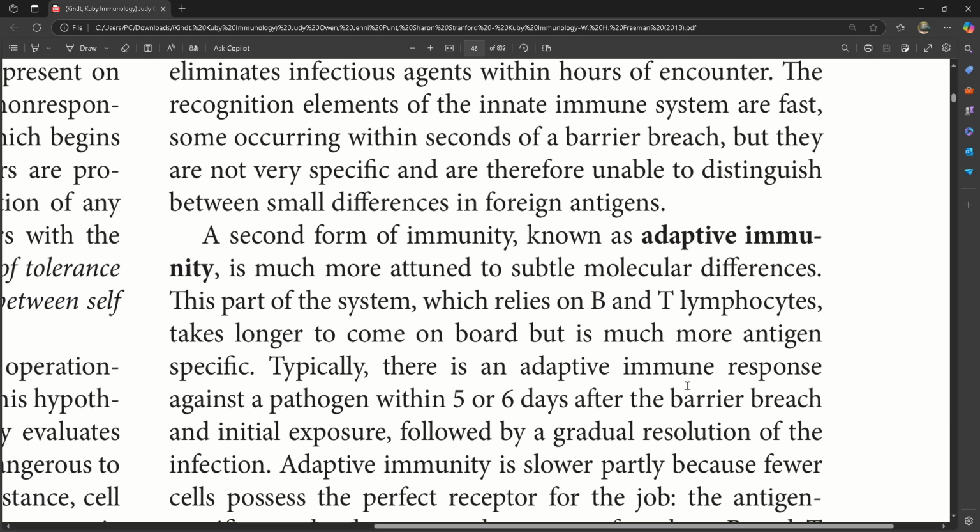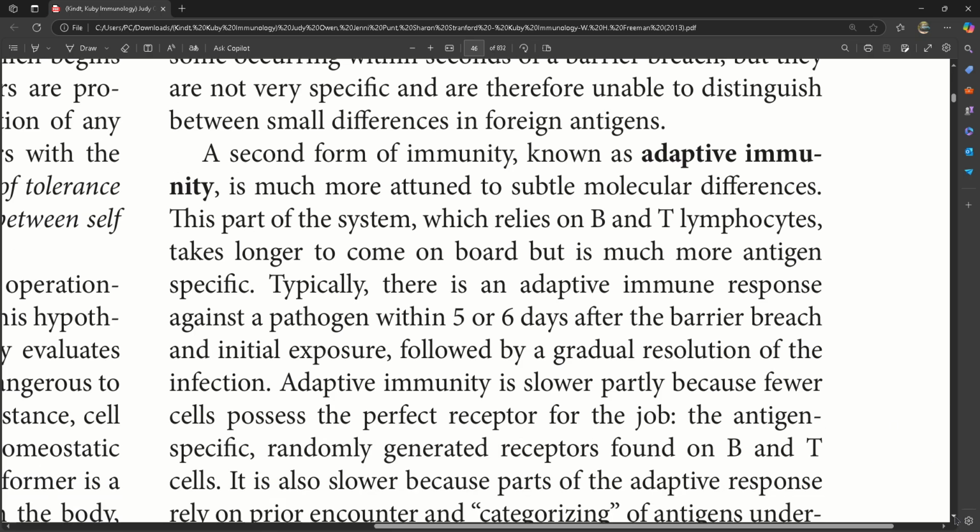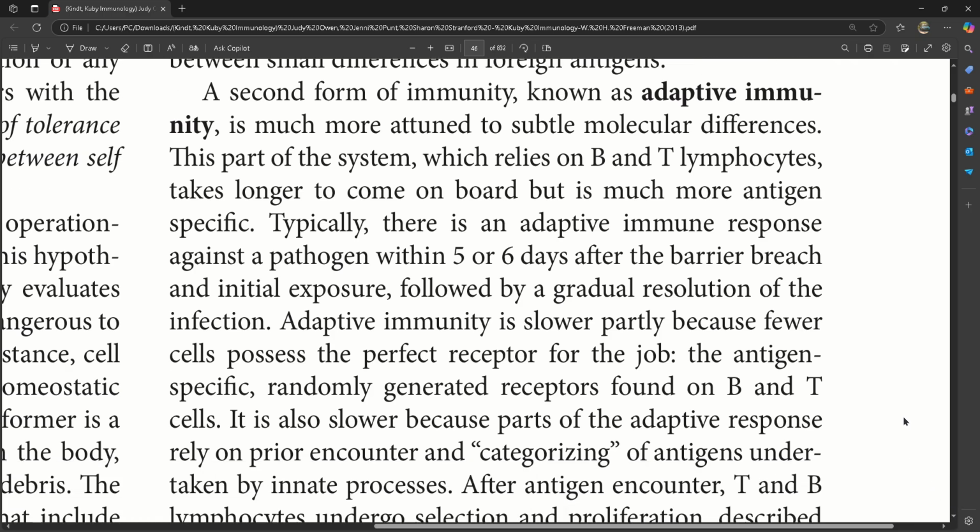A second form of immunity known as adaptive immunity is much more attuned to subtle molecular differences. So this adaptive immunity is also termed as acquired immunity. This is the immunity which our body will get when our body is exposed to that pathogen, maybe in the form of vaccine or maybe just by natural routes, natural methods.